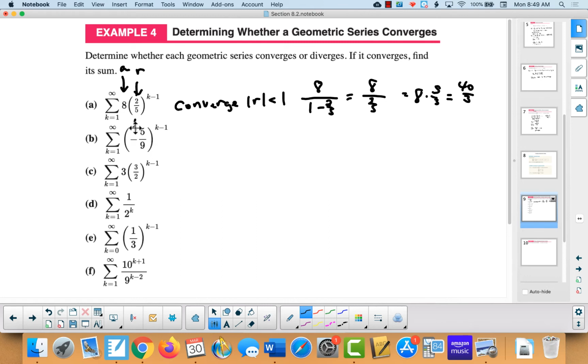Here, this is our r. We don't have an a, which means a equals 1. The absolute value of r is less than 1, because 5/9 is less than 1. So we have a over 1 minus a negative 5/9.